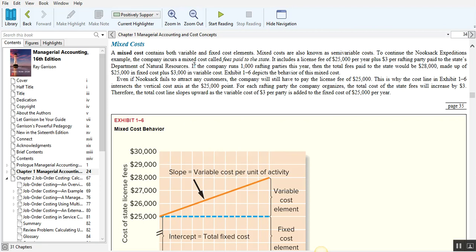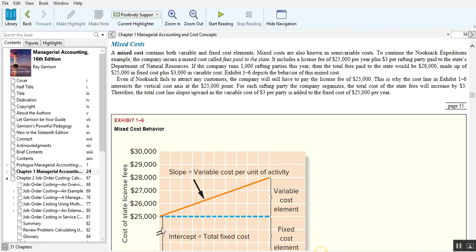So they show this mixed cost here for the Nooksack expedition example they used earlier. The mixed cost is called fees paid to the state. In this case, for them to be able to conduct these tours, they have a licensing fee of $25,000 a year plus an additional $3 per rafting party, and they pay that to the state, the Department of Natural Resources.